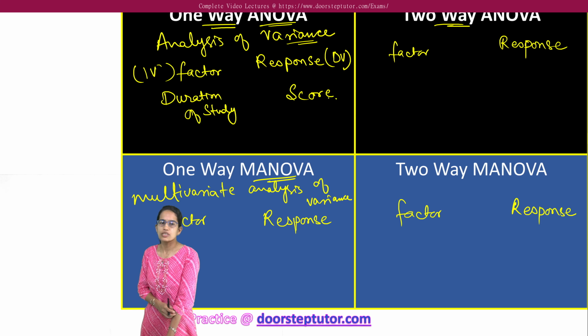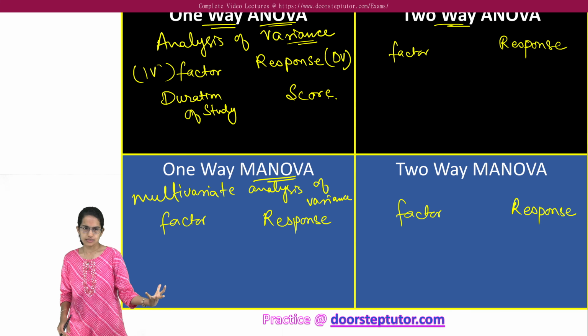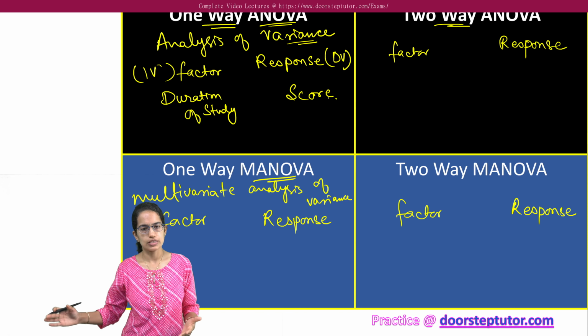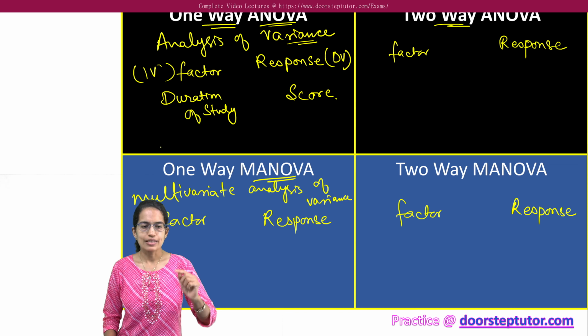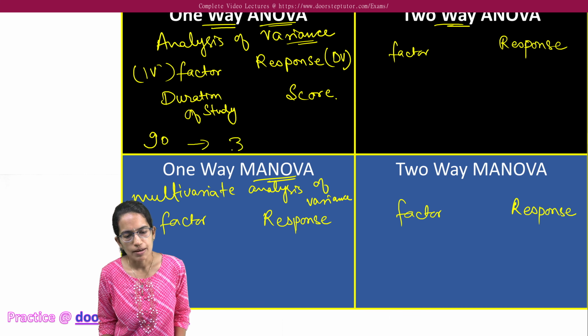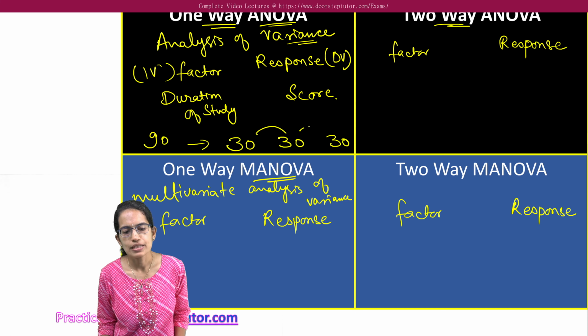Clear? So this is how many hours a child studies, and based on that, how much score the child obtains. Under this, let's say I have 90 students. I break them into groups of 30 students each and I compare these groups.